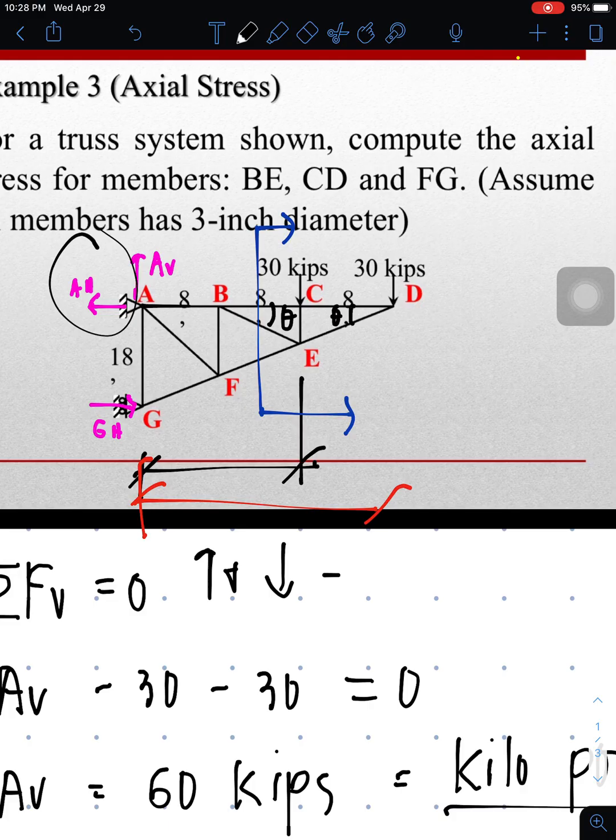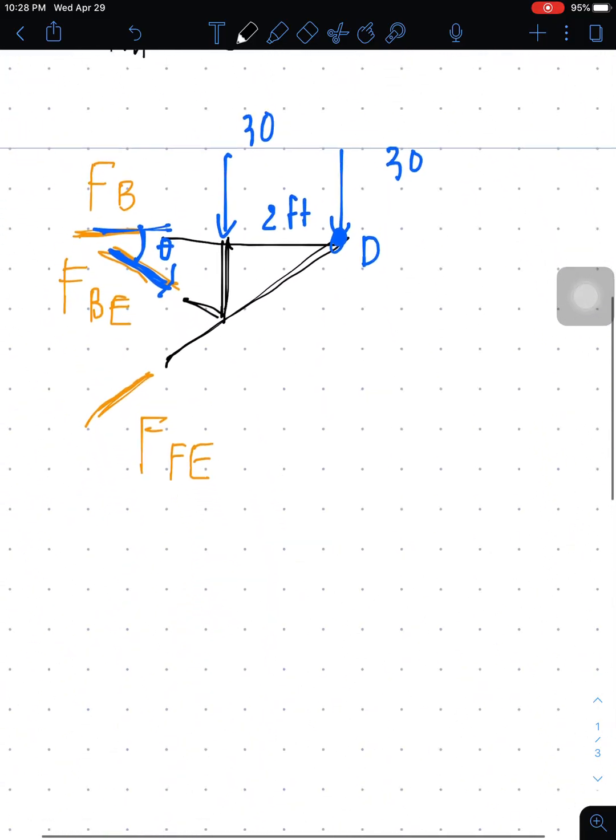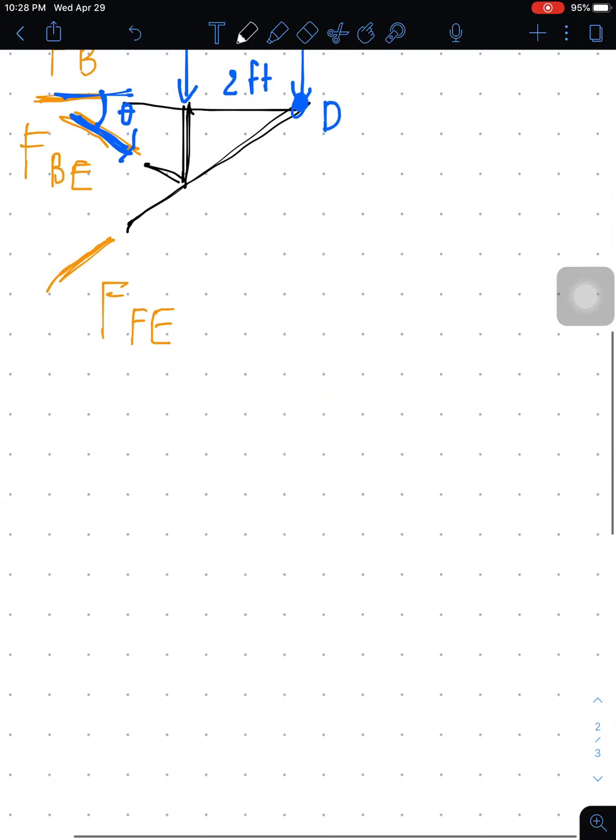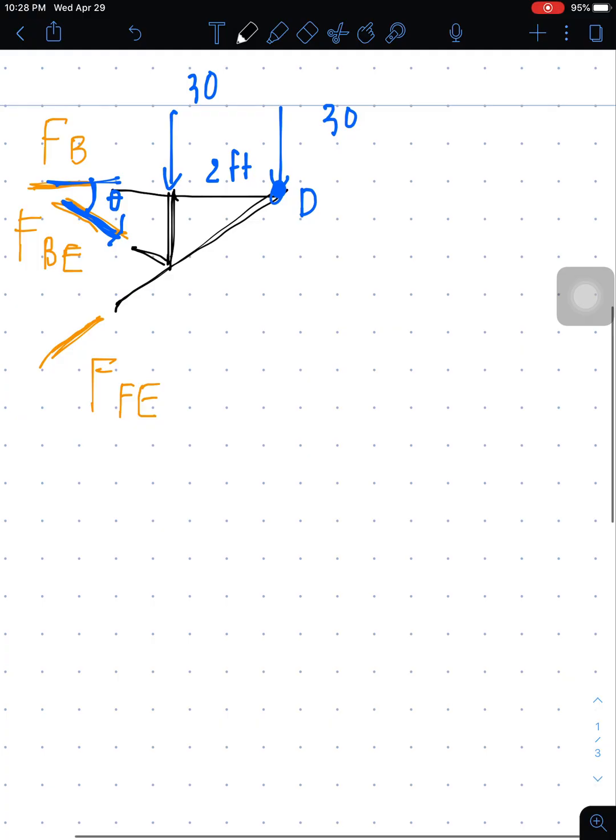If we consider the whole triangle, we can get the value of theta. Let's solve. The whole triangle has a total length of 3 times 8, so that's 24.